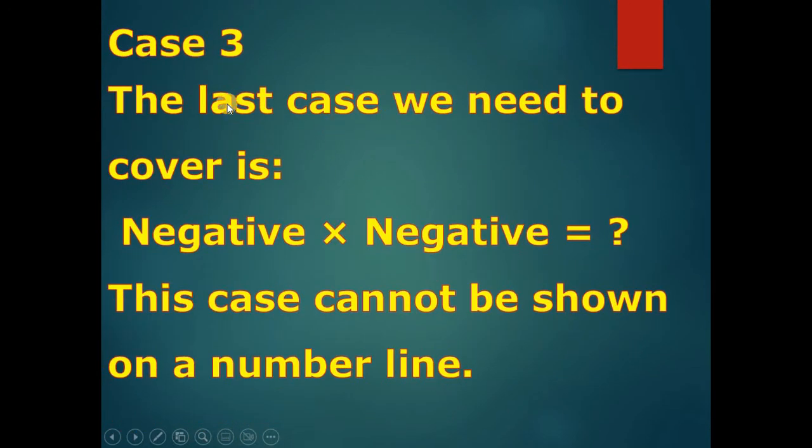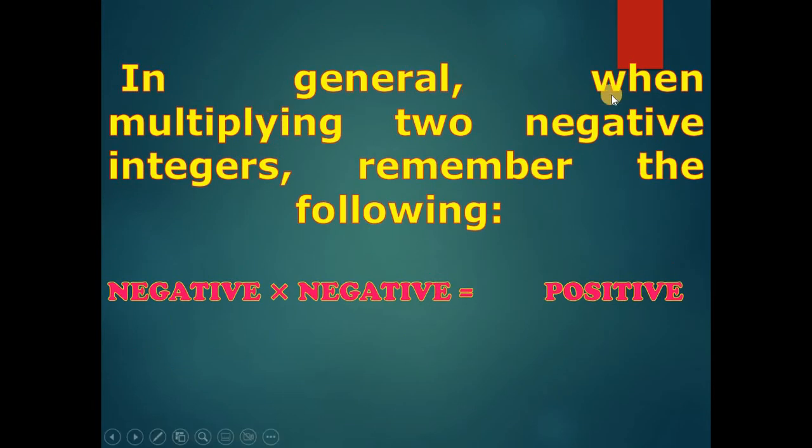So, we have case 3. Okay, yung the last case we need to cover is negative times negative. Okay, so, ano kayang sagot? So, this case cannot be shown on a number line. So, hindi na natin ipapakita sa number line. Okay, pero, in general, when multiplying two negative integers, remember the following. So, when we multiply negative times negative, the outcome is positive siya.